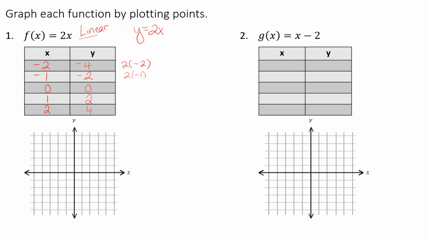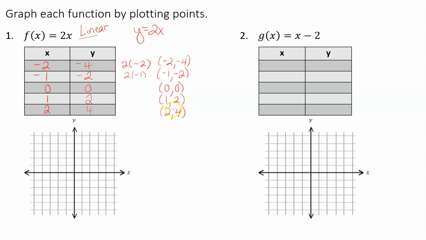So once you complete your table, these are ordered pairs. We will plot these on our coordinate system. Even though we're not writing it, normally we would write this ordered pair as -2, -4, -1, -2, and so on. I'll go ahead and do it for this problem. You do not have to write them out in this form, but that's what these numbers in the table are representing.